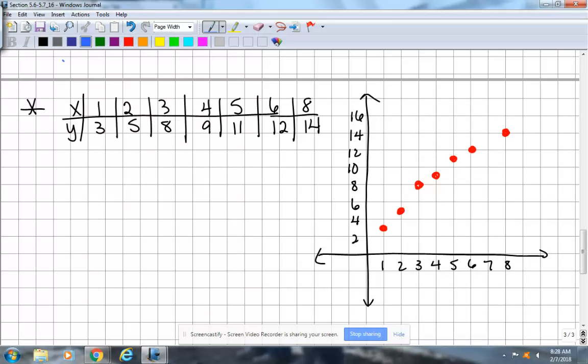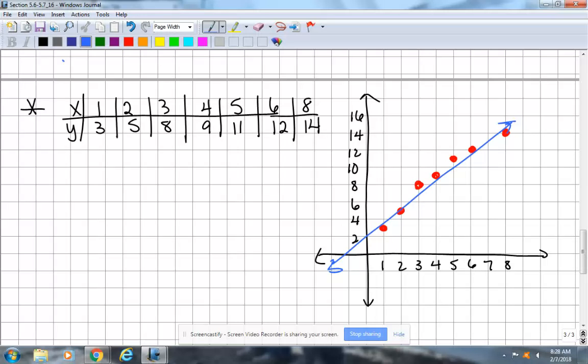So after you get your points, draw a line of fit. Try to go through the middle. Arrows on it. All right. Then I want everybody to pick 2 different points. All of these are pretty close to each other. There's really no outliers here.